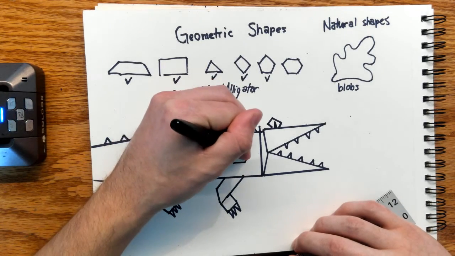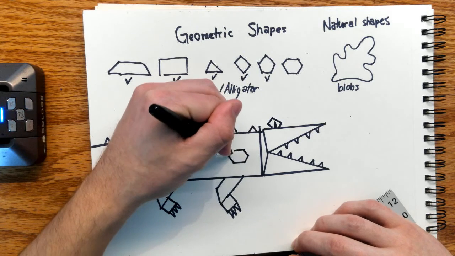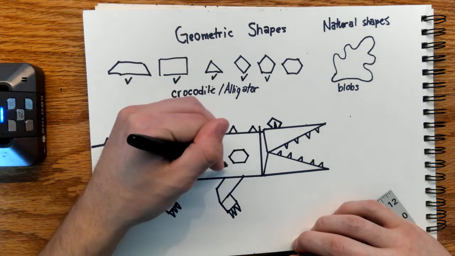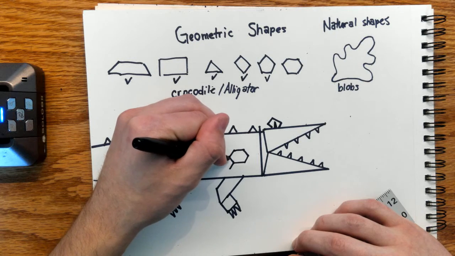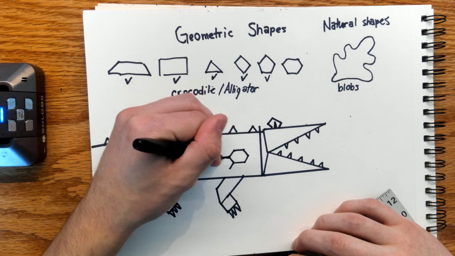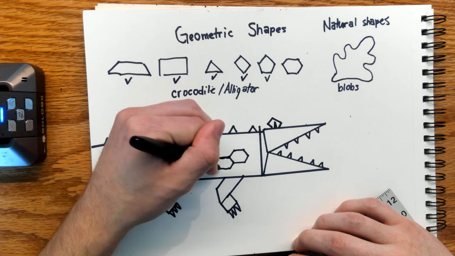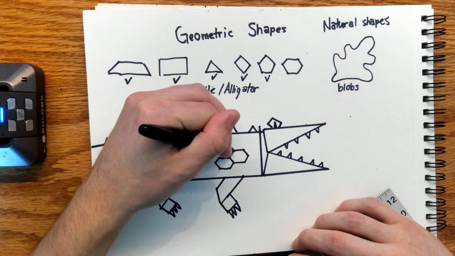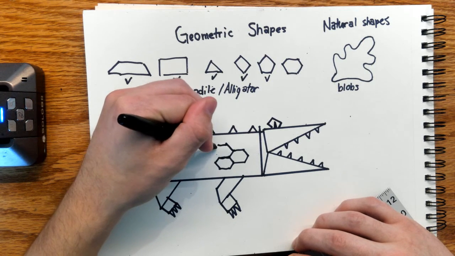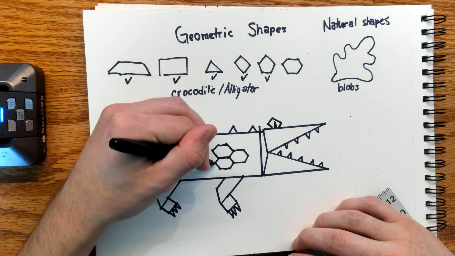to my alligator. So what's nice about hexagons is they are what we call a tessellation. A tessellation is a shape where you can fit it almost like a puzzle piece on all sides.